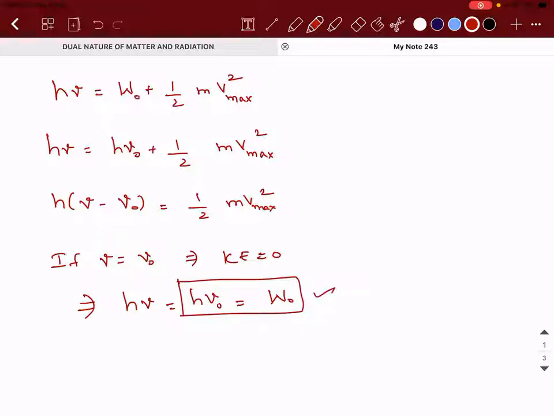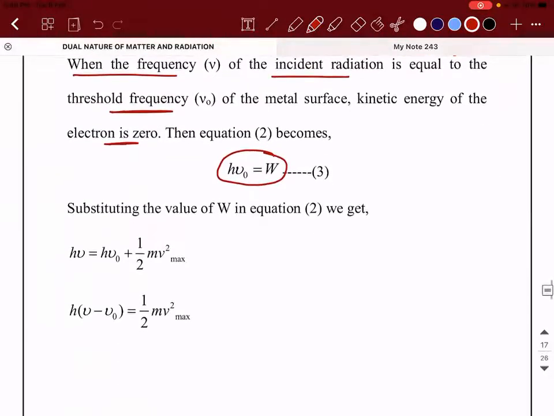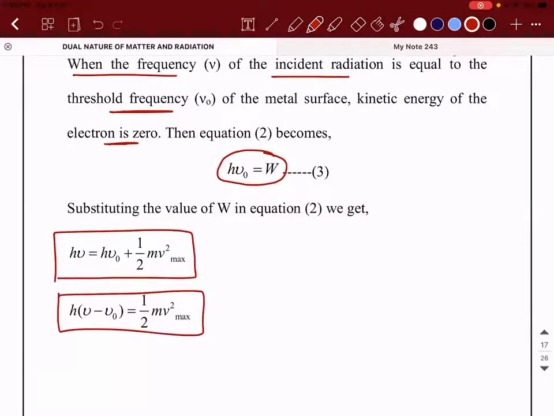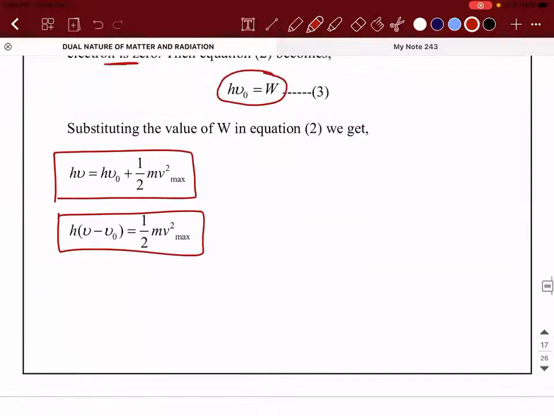You can either write it as W or W naught. So h nu is equal to h nu naught plus half m Vmax square. When you substitute all these things, we get an option to draw the graphs between the kinetic energy and the frequency.